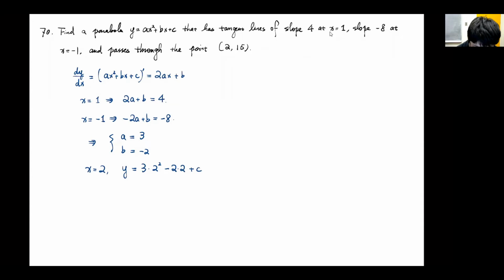So ax squared plus bx plus c, when x equals 2, a equals 3, and b equals -2, is supposed to equal 15. That way you will be able to solve that c equals 15 plus 4 minus 12, and the answer will be 7. So the solution to this problem will be y equals 3x squared minus 2x plus 7. This is the final solution to problem 70.